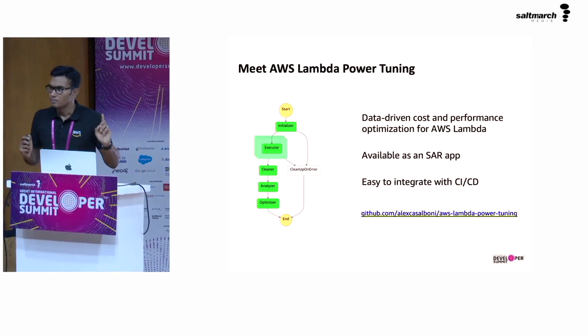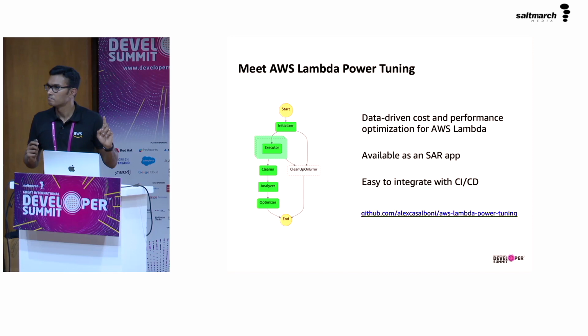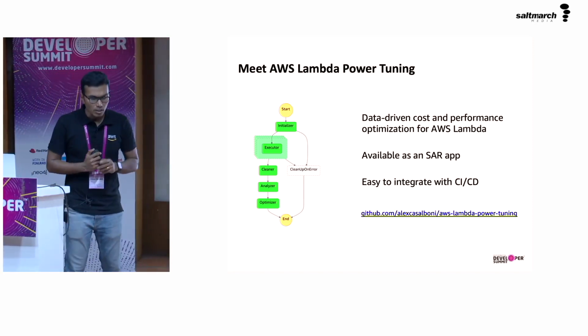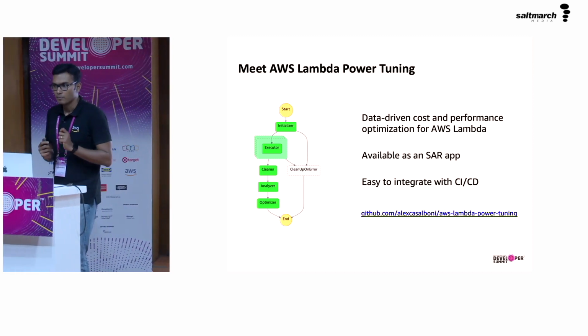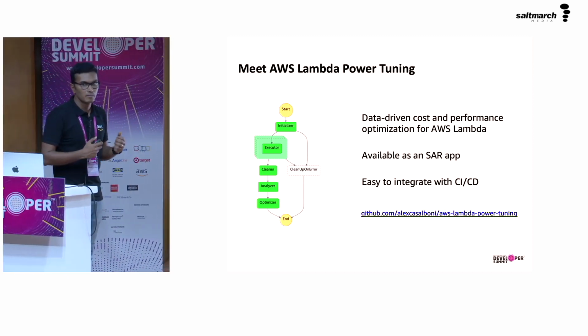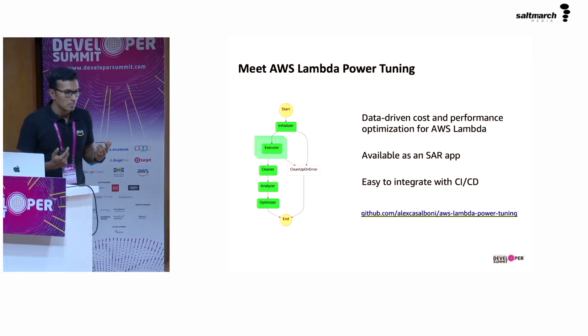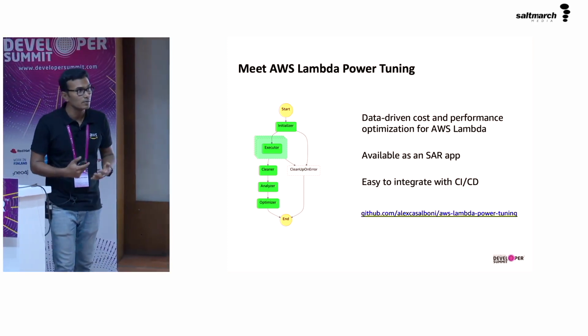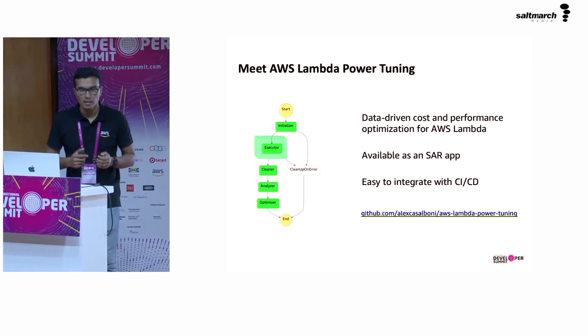Anybody use Lambda Power Tools here? Okay, a few of you, yeah. One of the things about Lambda is that if you have a function that is CPU intensive, the way to dial up your CPUs or allocate more CPU is by increasing the memory size, right?